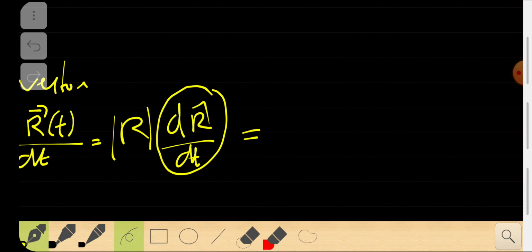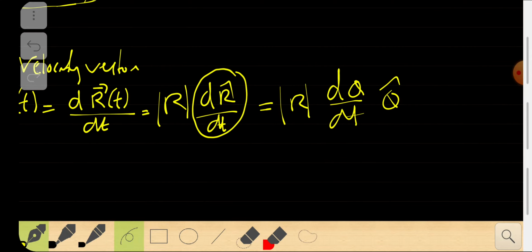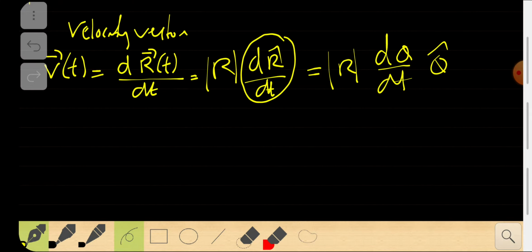So that is equal to the magnitude of r times d theta by dt times theta cap. So that's the velocity vector for us.